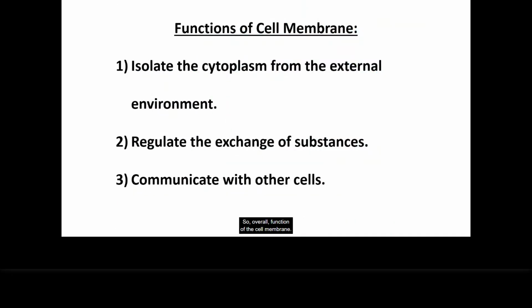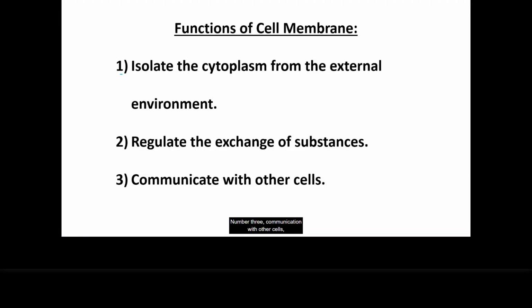So overall, the functions of the cellular membrane. Number 1, barrier, isolating the cytoplasm from the external environment. Second, regulating the exchange of substances, because inside of the cell membrane we have these different transmembrane proteins.